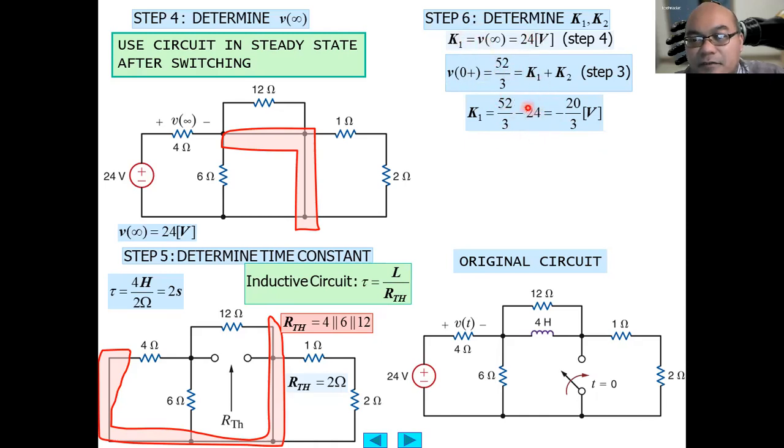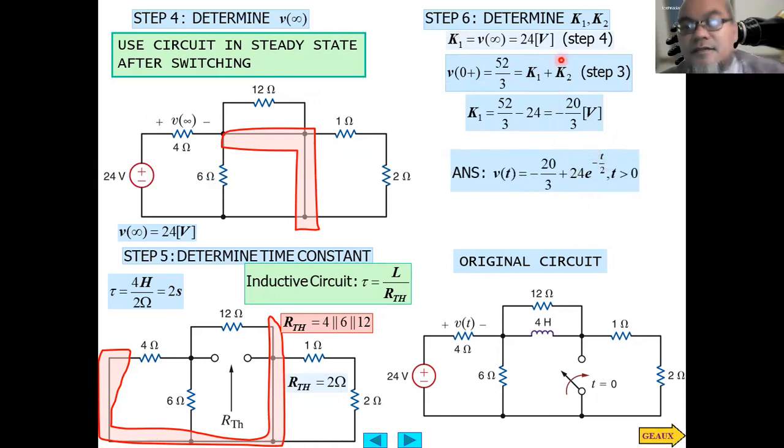K1 is here, 24 volts. So we obtain K2 to be minus 20 over 3. Wait, let's see.